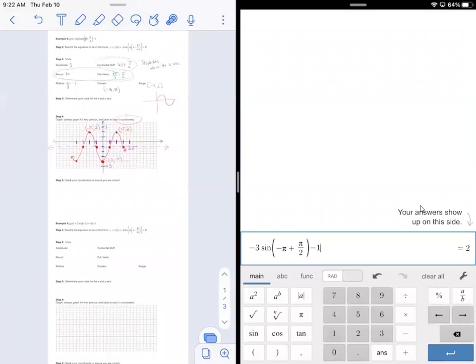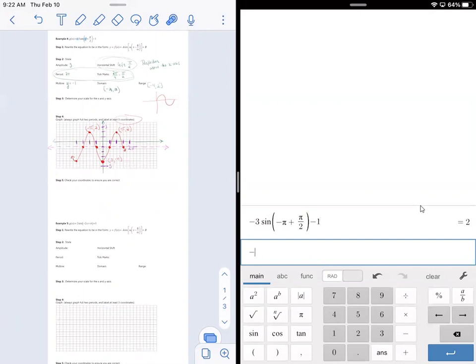And that is really good news because when I put in negative pi, I did get out 2. And you can check all 3 if you'd want. So let's just check another one just to make sure. Negative 3. I'm going to put in 0.